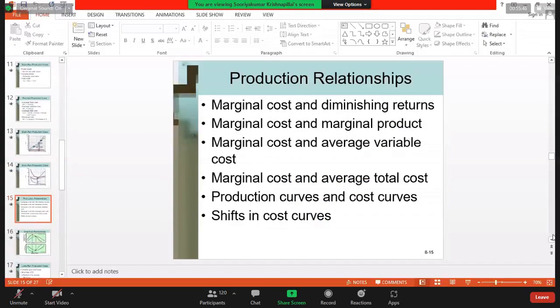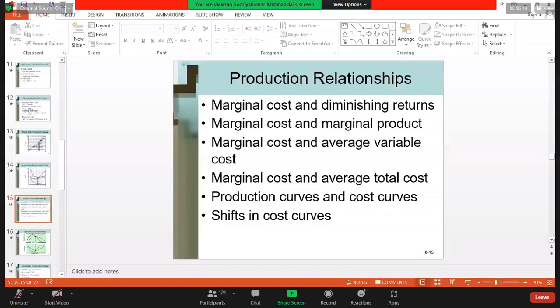So that is the production relationship and marginal cost. Why does marginal cost take this U shape? Marginal cost decreases and then increases. Marginal cost decreases until it reaches the minimum, then increases because of diminishing returns. So marginal product increases and reaches the maximum, then decreases. Marginal cost and average variable cost, we saw the relationship.